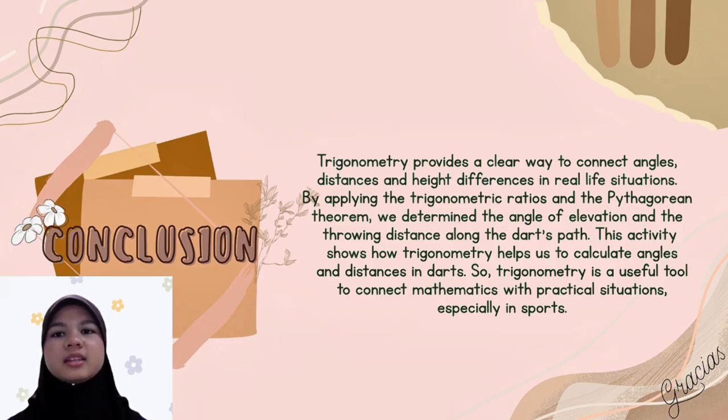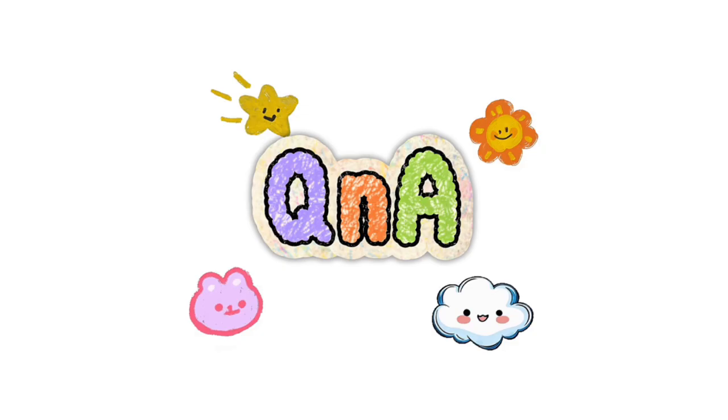By applying the trigonometric equations and the Pythagorean theorem, we determine the angle of elevation and the throwing distance along the dart path. This activity shows how trigonometry helps us calculate angles and distance in darts. So, trigonometry is a useful tool to connect mathematics with practical situations, especially in sport.